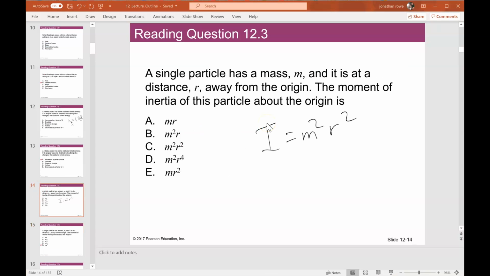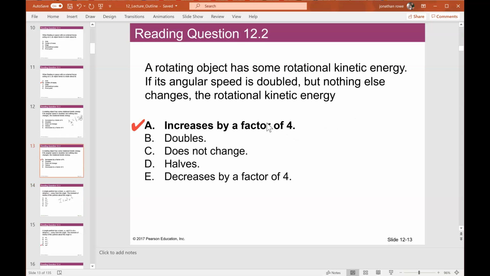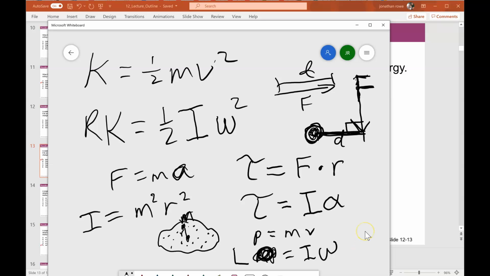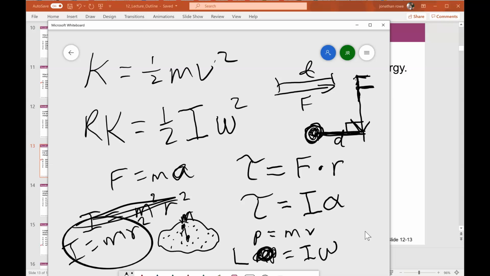Something I need to tell you that I think I told you wrong before was this part. This was wrong. It's not m squared r squared. I is just m r squared. So the m is not squared, just the r squared. I is m r squared.